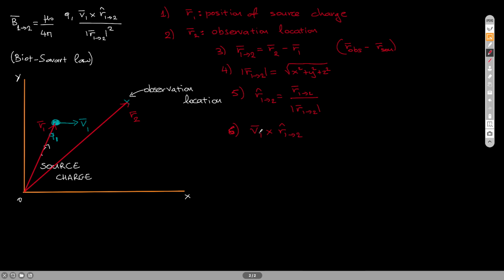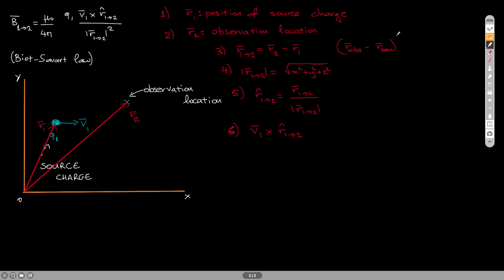This is a complicated calculation because it's a calculation of the cross product. You do have to be very careful when you work on this step. v1 is a vector, the unit vector is another vector, and you're finding the cross product. As I said, I do recommend that you take your time to make sure that you do this calculation correctly. And this is a cross product between two vectors, so this will give you a vector.